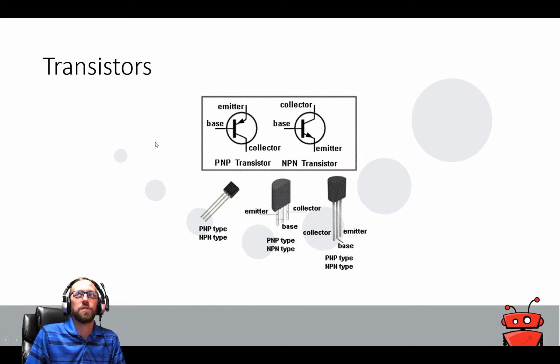So the cool thing about this is it basically acts like an electronic switch. By changing the value of what we're applying to the base, it opens a pathway. And there's some different types of integrated circuit packaging for digital electronics, like TTL, transistor-to-transistor logic, and CMOS.